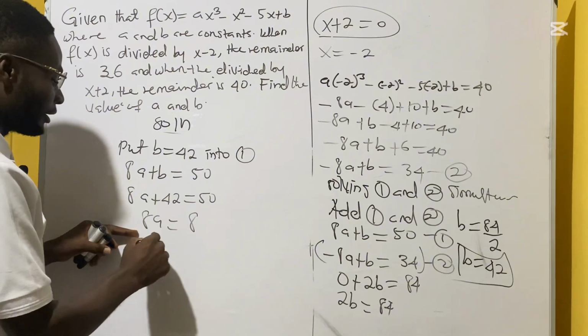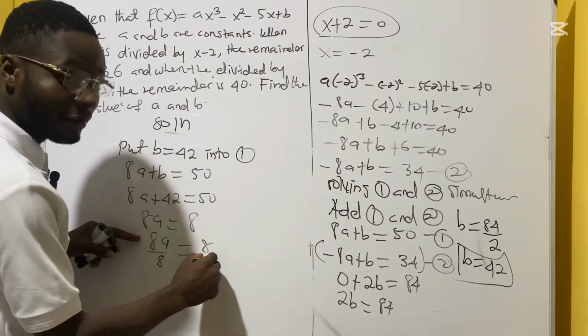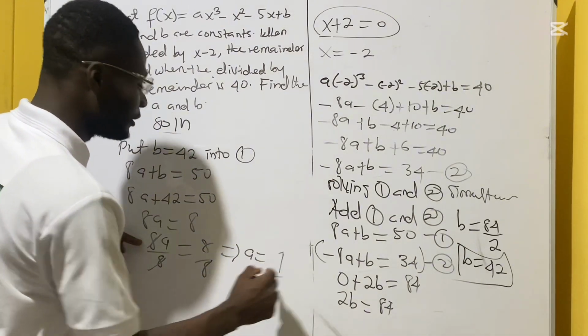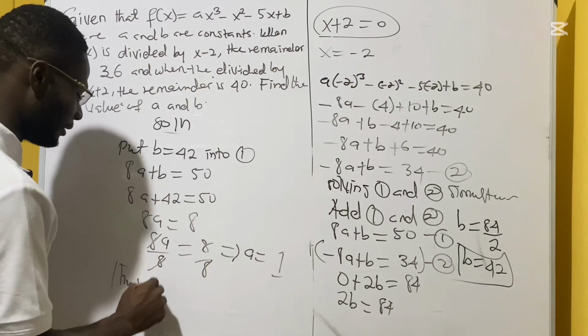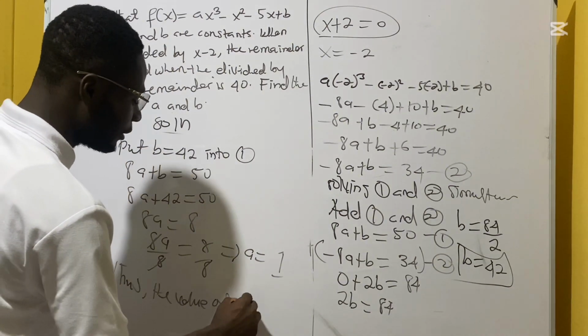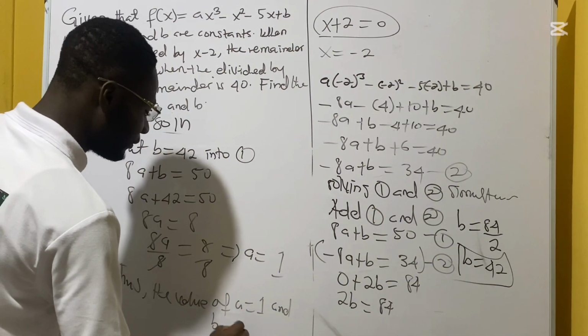Dividing 8 by 8, this implies that a is positive 1. That's the value of a equals 1 and b equals 42, respectively.